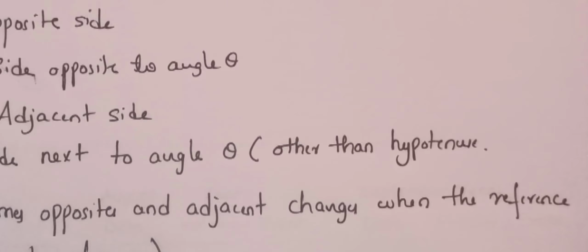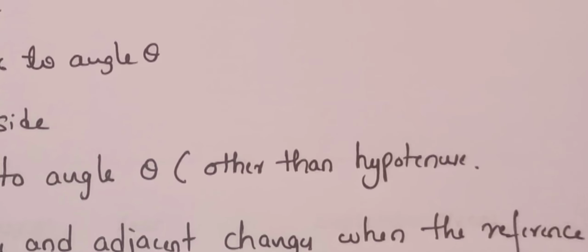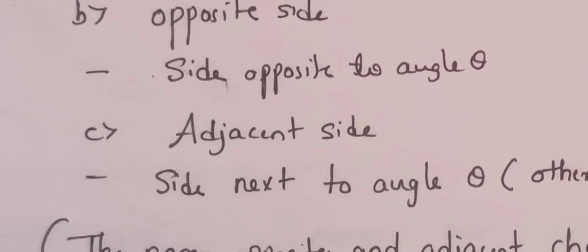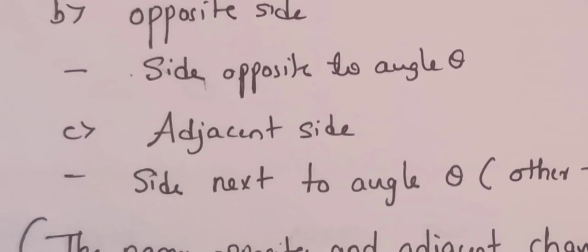If theta is given at A, then the opposite side should be BC. The opposite side is nothing but the side opposite to the angle theta.